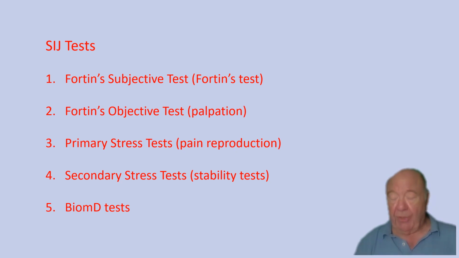Then you take the belt off and you have them do it again and see if there's a major increase in pain. That's also fairly specific as a pain provocation test for the SI joint, because obviously when you come down on your heel, you're jarring all the way through the spine. But what the SI belt is doing is actually holding the SI joint so it can't really move, and therefore has less stress. So I think that takes a lot of the other things out of the equation.